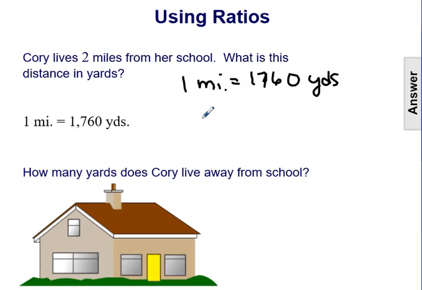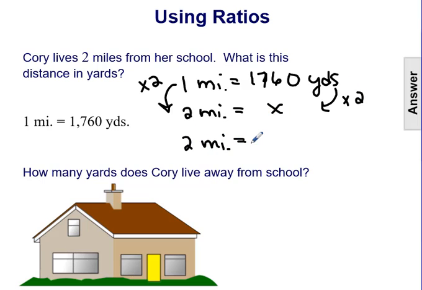But we want to know 2 miles from school. We want to know that unknown, how many yards that's going to be. Well, from 1 mile to 2 miles, we're multiplying by 2. So we need to multiply 1,760 by 2 to find how many yards that would be. Well, 2 miles, if we multiply by 2, is going to be 3,520 yards. So she lives that many yards away from school.